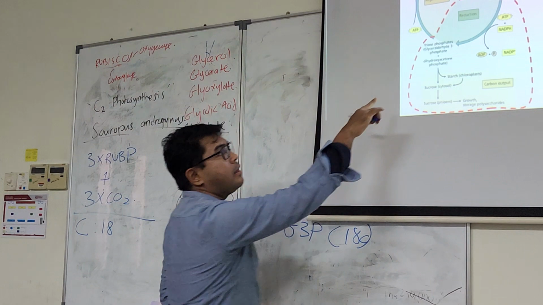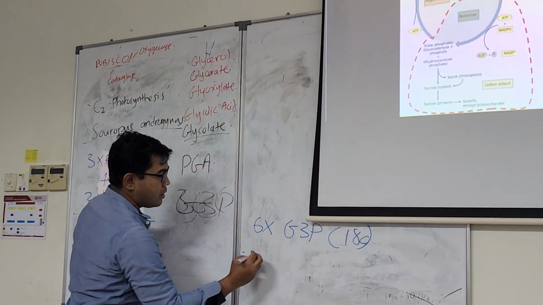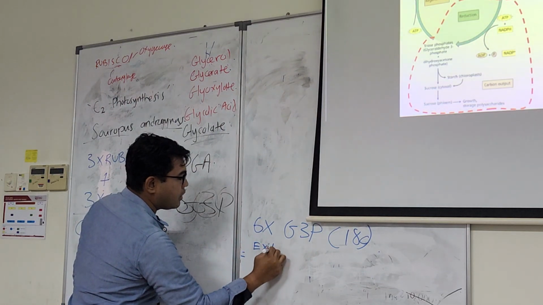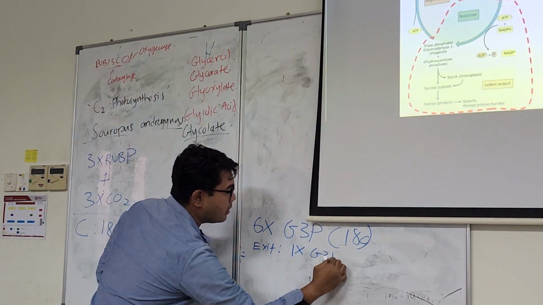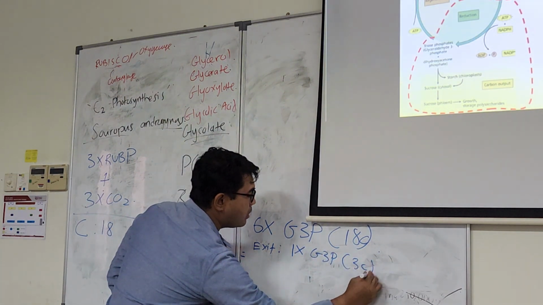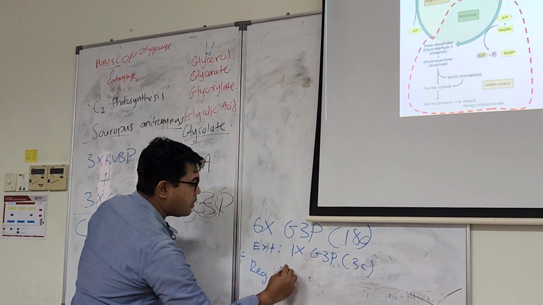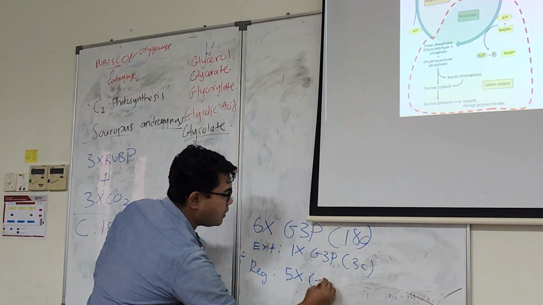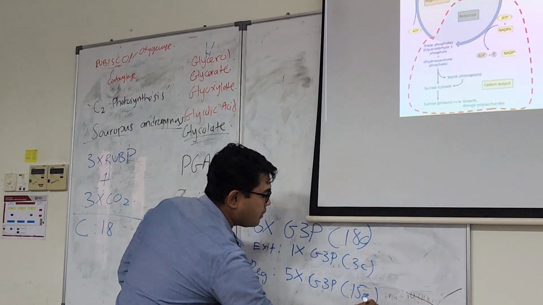Remember, one needs to exit here. So when it exits, now it becomes what? Who exits, who continues? Exit is 1 times G3P, which is 3 carbon. Who continues? Regenerate 5 molecules of G3P, which is 15 carbon.